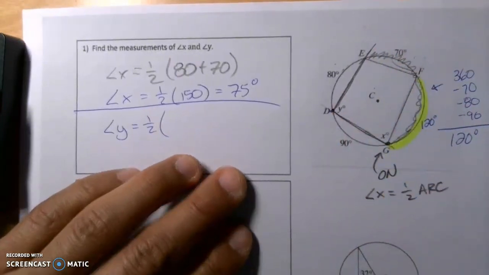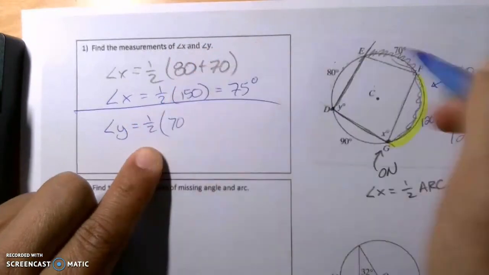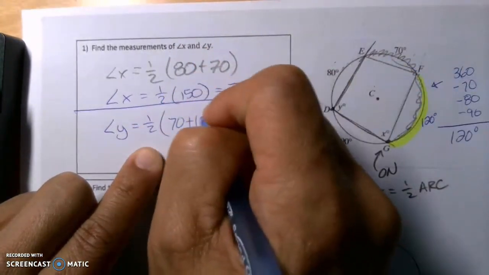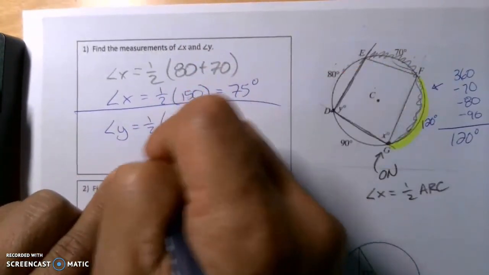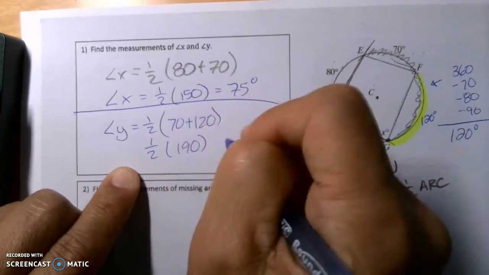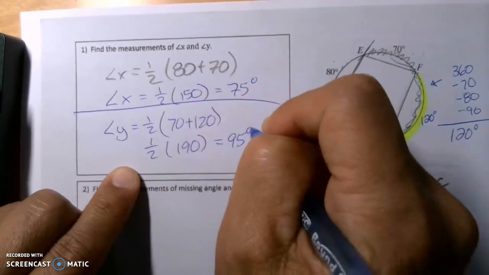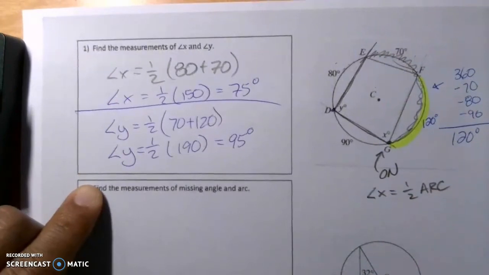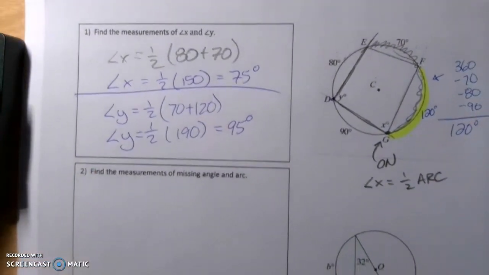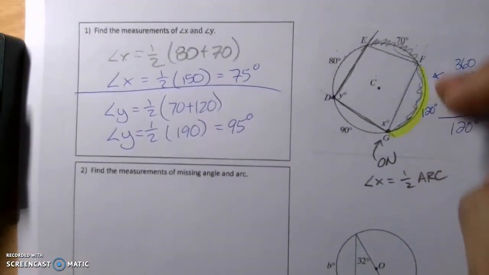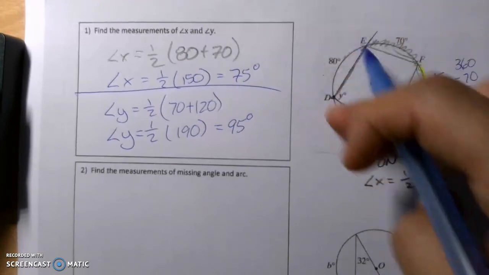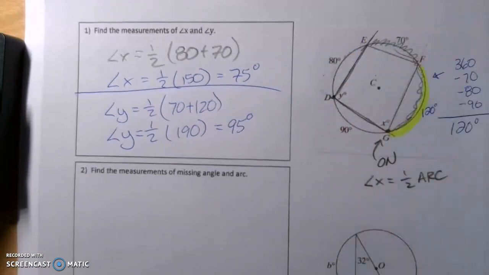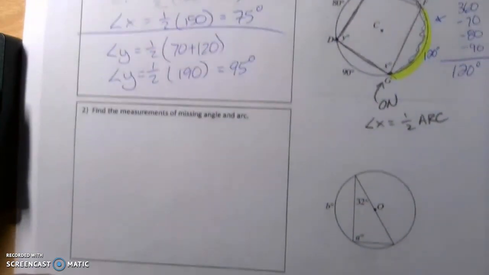If you extend the angle out, this is 70 plus the 120 that I already calculated. 70 plus 120 is 190. So half of 190 is 95 degrees. So angle y is 95 degrees. Okay? Figure out the angles on the arcs, and then you can go inside to the inscribed angles.